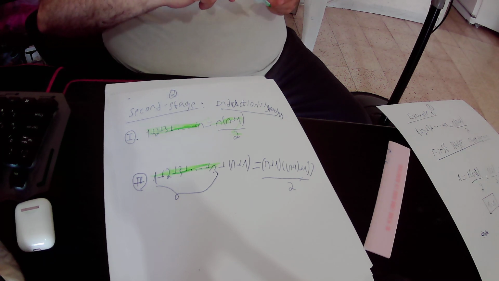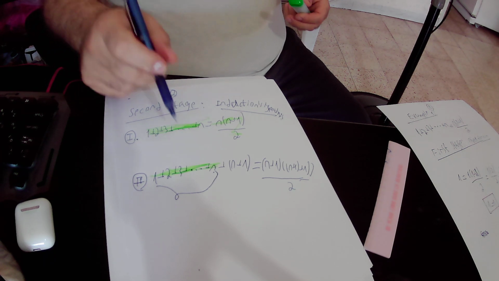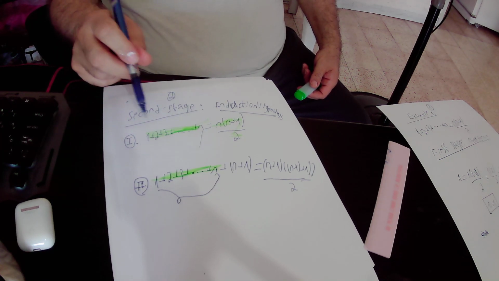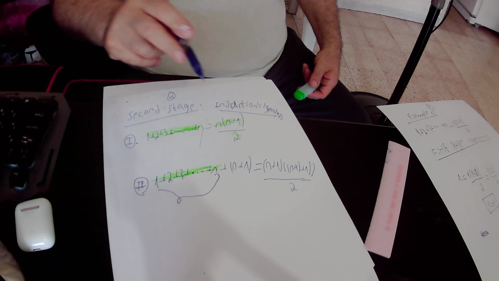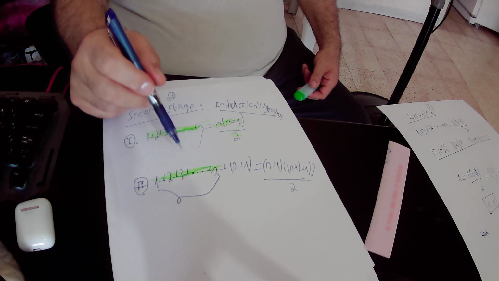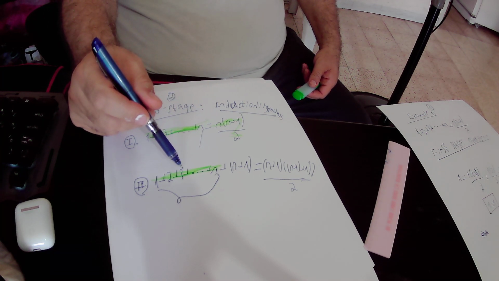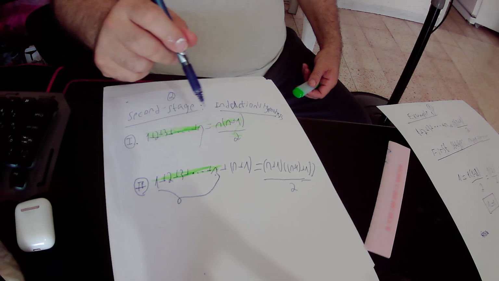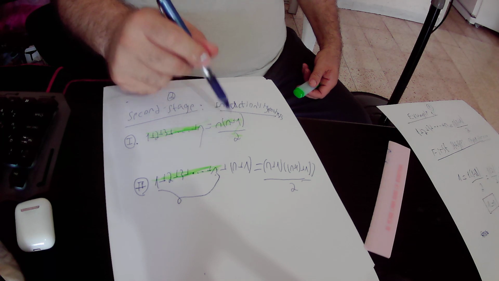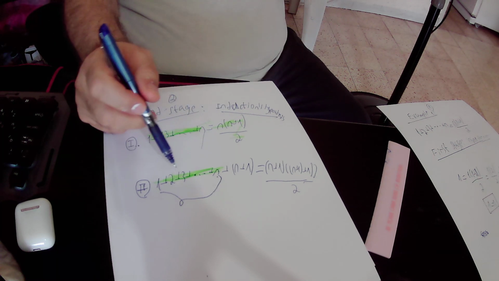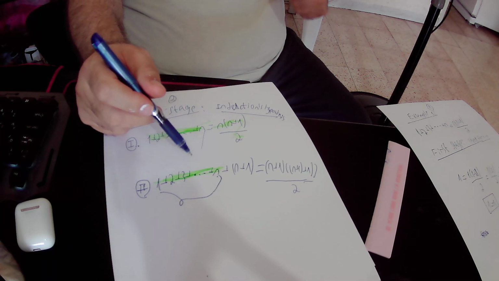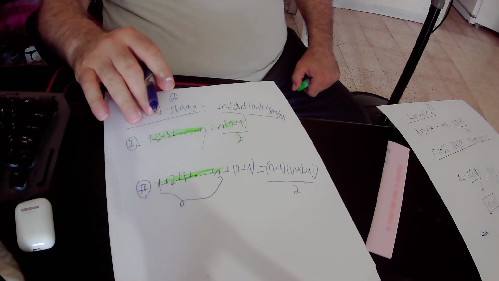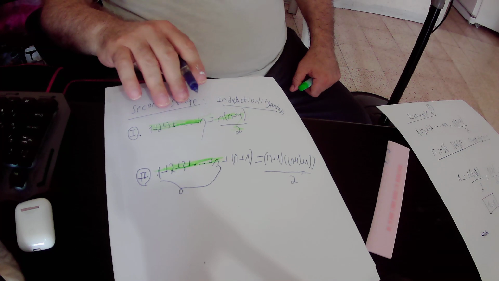So we can say that this expression equals this expression because of equation 1. They are the same, because this is the same as this expression, and this equals this, so this also equals this. So we can substitute the expression in the green color by n times n plus 1 divided by 2. Okay, so we'll do it now.